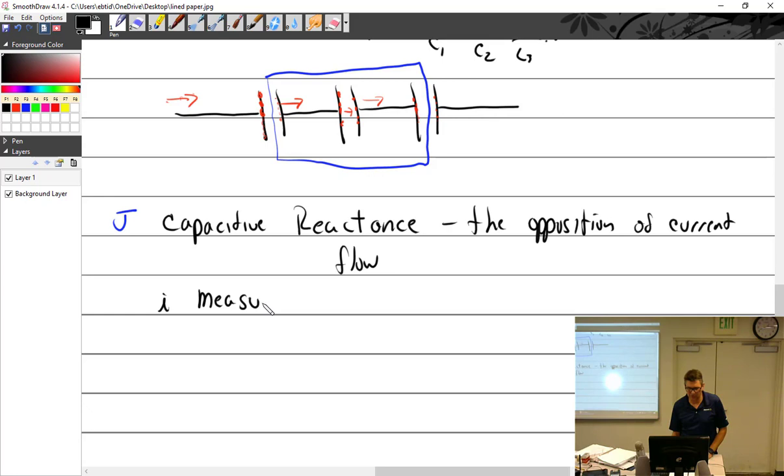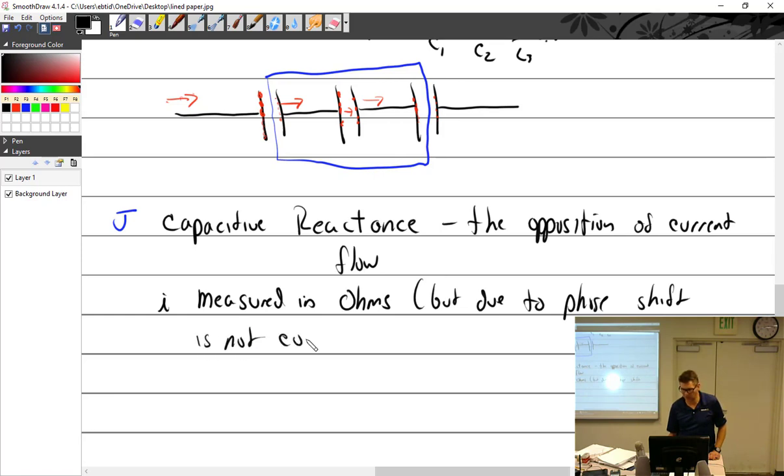Measured in ohms, but due to phase shift is not considered resistance. It's like resistance, but it's not.